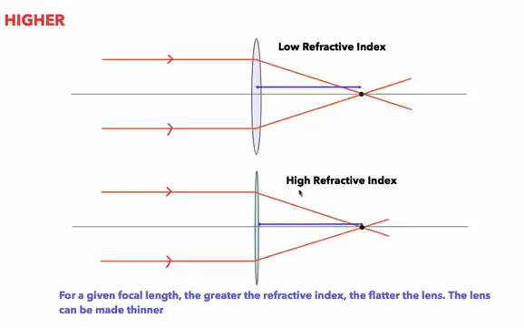Because this lens has a higher refractive index, it refracts the light more. We can keep the same focal length but have a much thinner lens, and that is useful if you want to have glasses that are thinner, which means they're not so heavy, and they probably look a bit better as well. So this is important for you to remember if you're doing the higher tier.